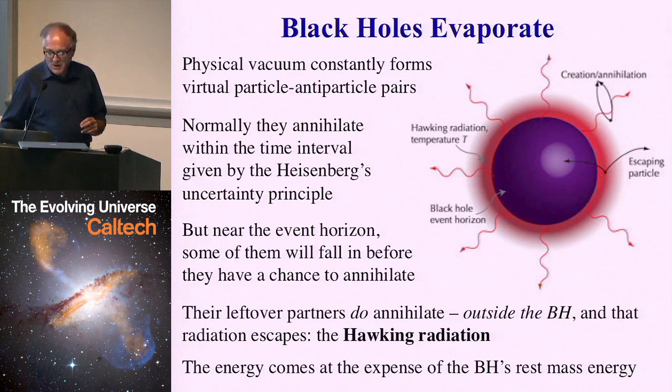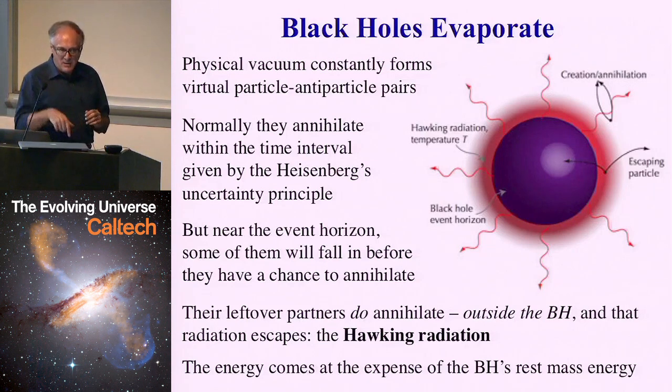Now, an interesting thing about this is that the temperature of a black body black hole is inversely proportional to its mass. The smaller ones are hotter and therefore radiate faster. And so the rate of evaporation accelerates in time as you go to a smaller mass, gets hotter, loses more mass, and so on.